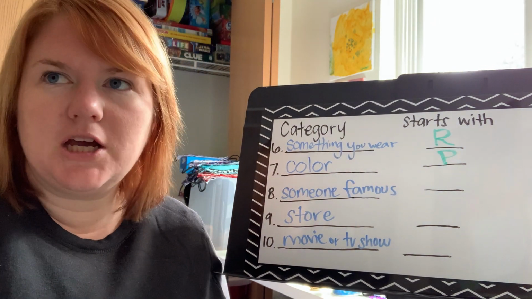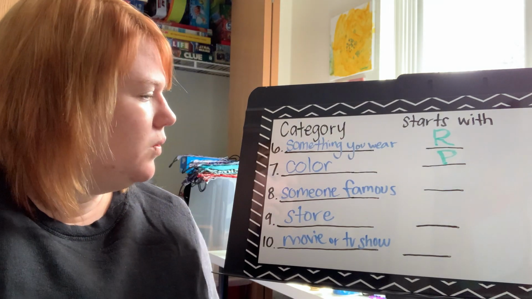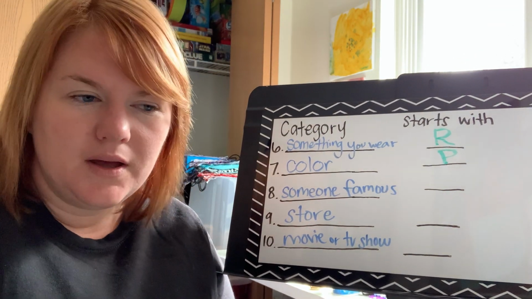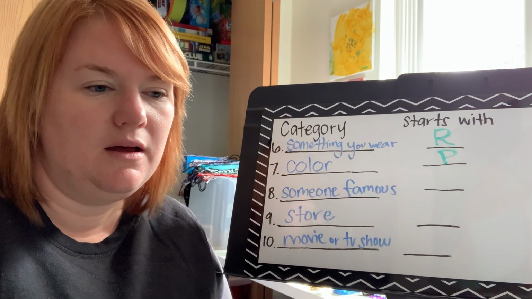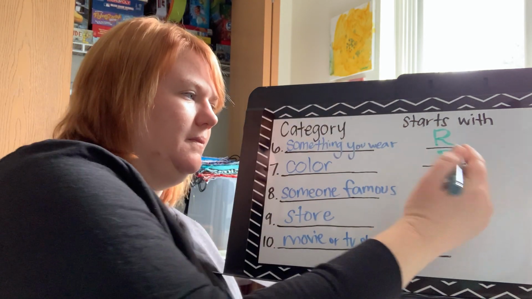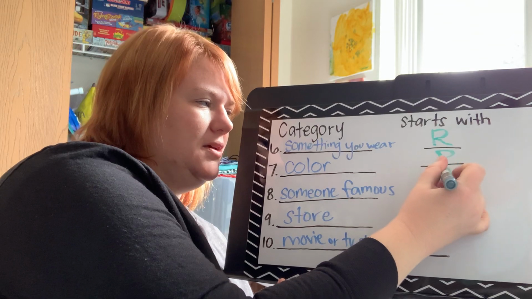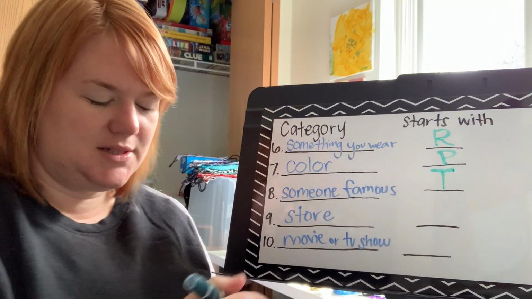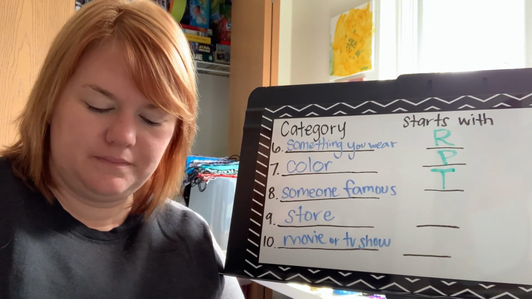So someone famous, it could be their first name or last name. And we're going to figure out a letter. So T has to be the first letter of their first name or last name. Pause and write down your answer.